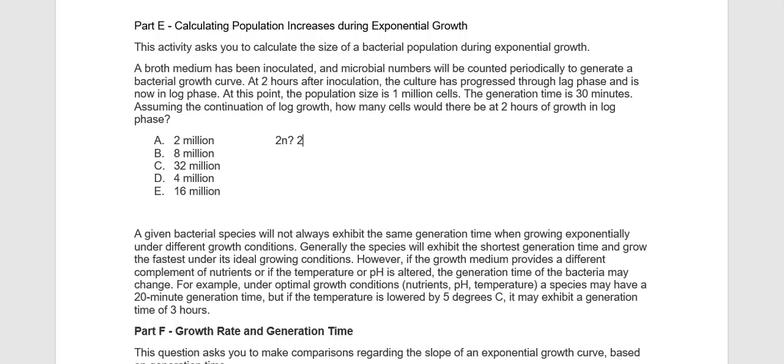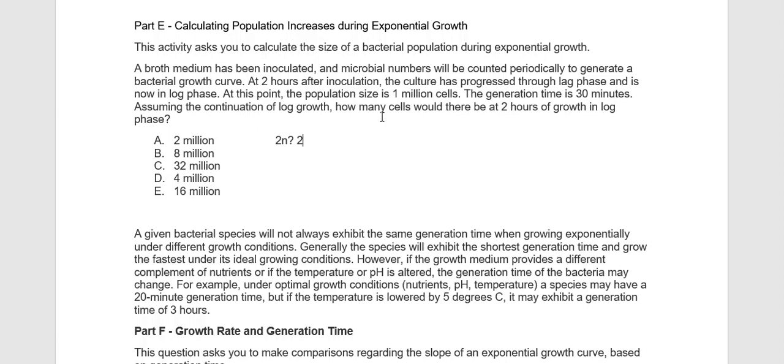And I want you to go through these same steps when you're answering these types of questions. Figuring out the number of generations means that we need to be able to calculate the number of generations you'd get in a set amount of time very quickly and easily in our head. It tells us that the generation time is 30 minutes, so it's just half an hour.